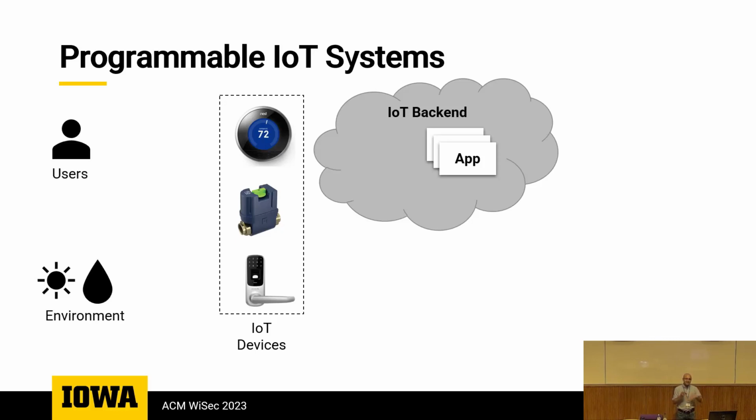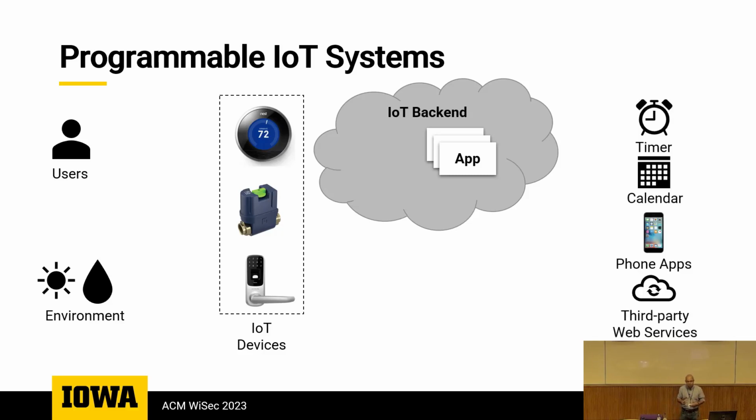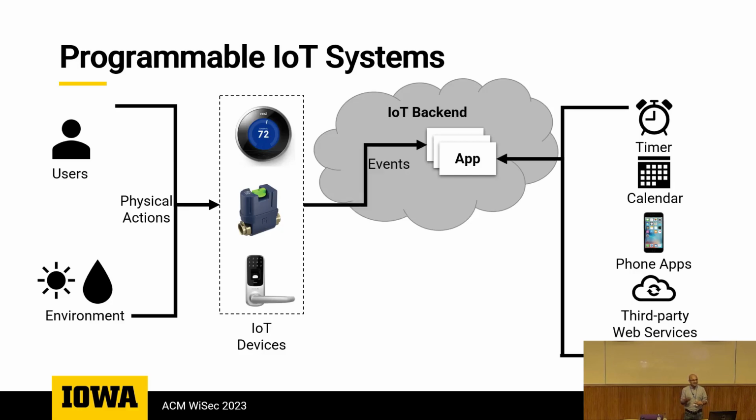Now, the IoT devices also interact with the environment. So environment here could be, say, temperature, moisture, like switching on the light physically. And then there are these third-party services like IFTTT. So physical actions can influence the state changes, and that gets propagated to the cloud, which the app then takes over.